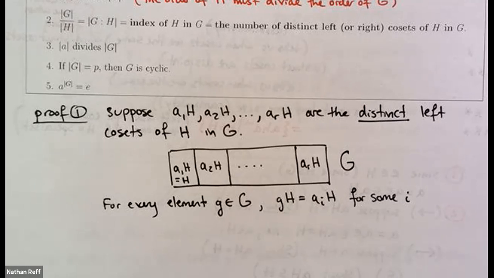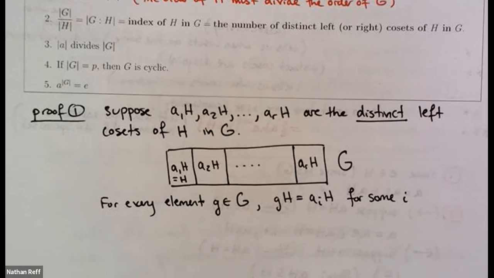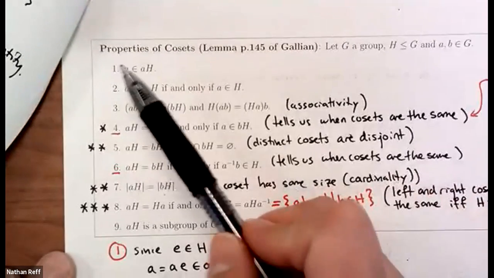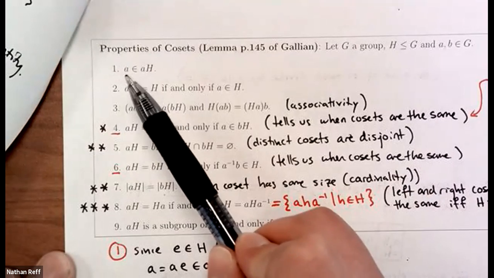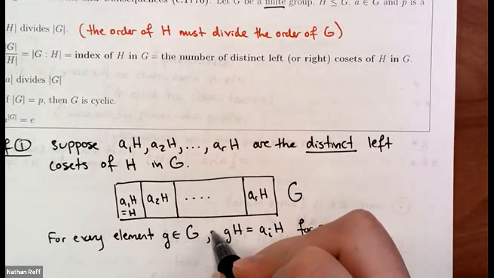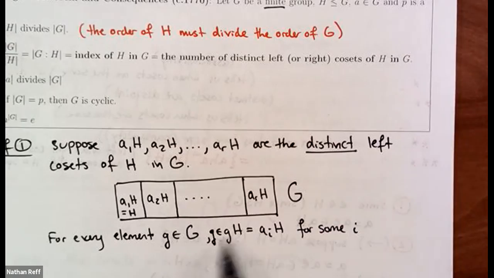But from the properties that we have on the previous page, looking at this very first one, this says if you take any element, it's got to be in the coset that it generates, right? So does everyone agree that G would be an element of that coset, GH, by that first property?